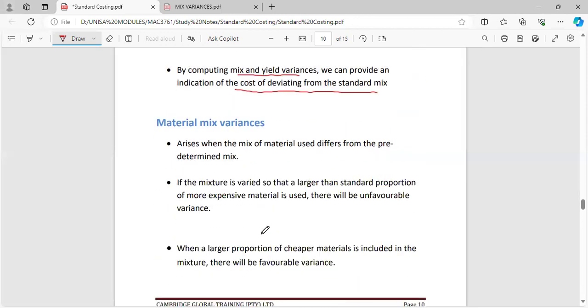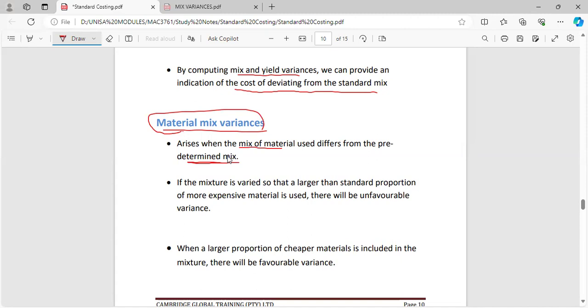Right, so let's look at the material mix variance on its own without the yield variance. They say it arises when the mix of material used differs from the predetermined mix. So which means the actual mix is different from the predetermined mix. That's when we have a material mix variance.